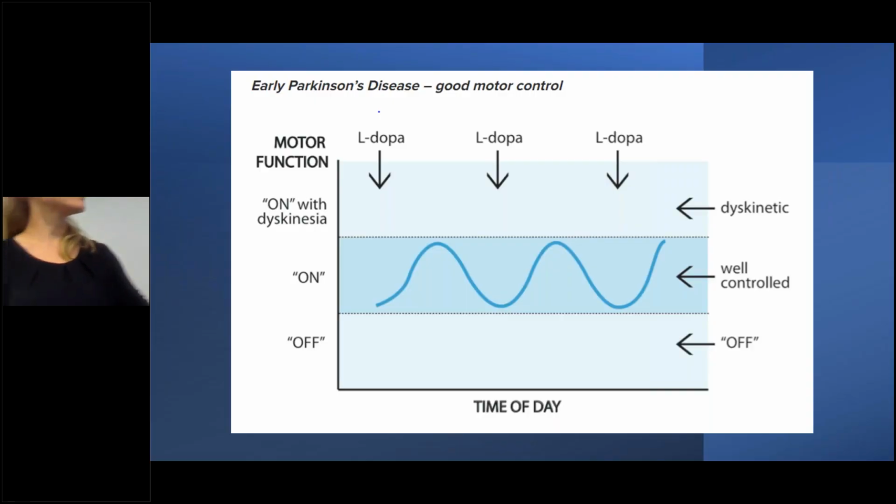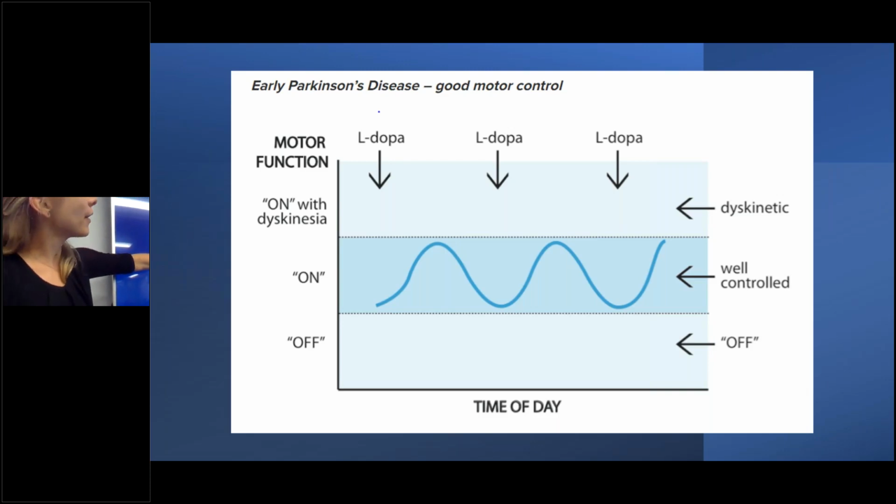And on the x-axis is the time of the day, okay? So let's say this person wakes up in the morning and they take their levodopa. And their dopamine levels start to rise and they start to fall. And then they take another dose and it happens, and then another dose. But look where they are.